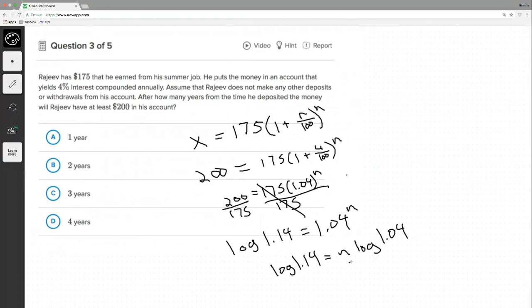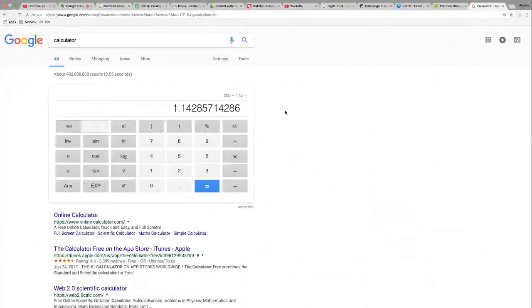Okay, and then we just divide both sides by log of 1.04, including this side. I'm running out of room here. Let's put it up here. So it ended up being log of 1.14 over log of 1.04 equals n. So let's go ahead and do that here.